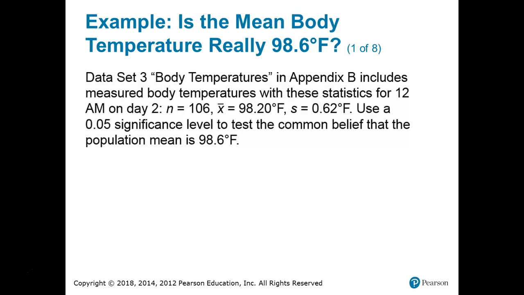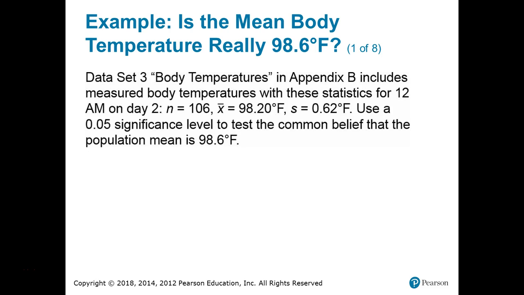Last example: is the mean body temperature really 98.6? Now, we've always heard that your thermometer should read 98.6. So let's test that. Data set 3 in your textbook, Appendix B, includes measured body temperatures with these statistics for 12 a.m. on day 2.